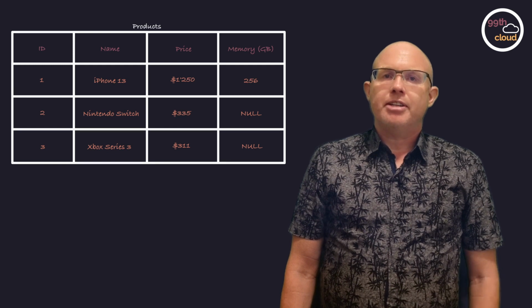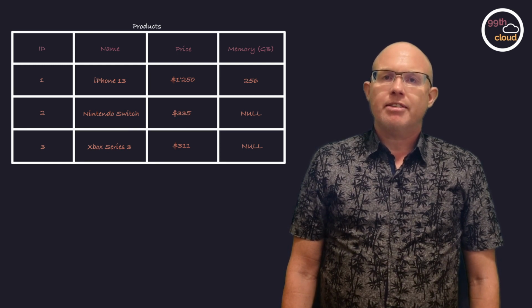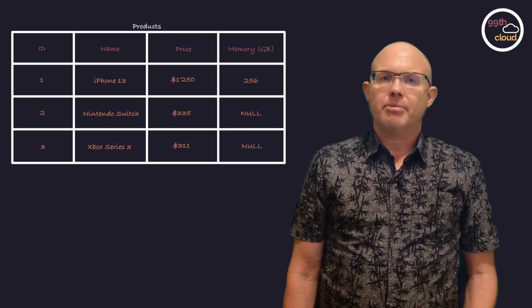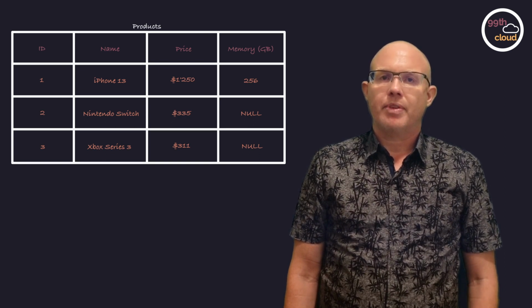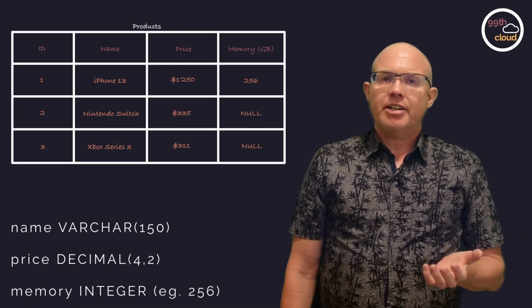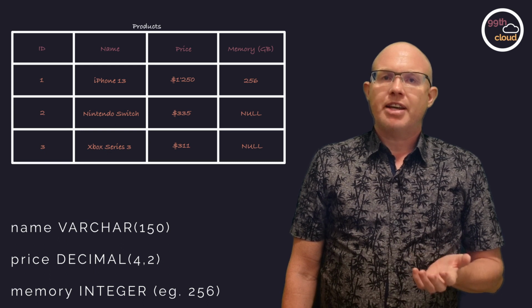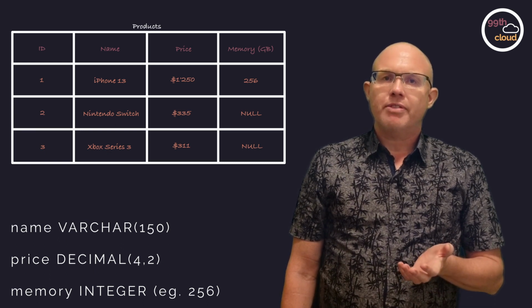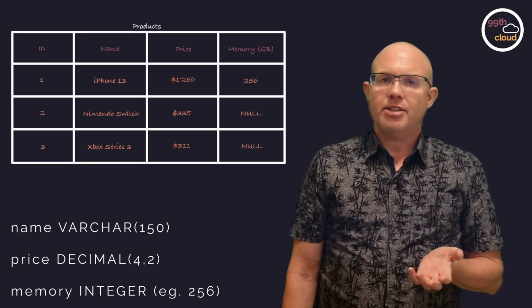In a relational database, the attributes have a data type such as varchar, integer, decimal, float, text, or blob. In our example, the name would be defined as a varchar, which is a fixed amount of characters. The price would be defined as a decimal or float value, which supports fractional digits.